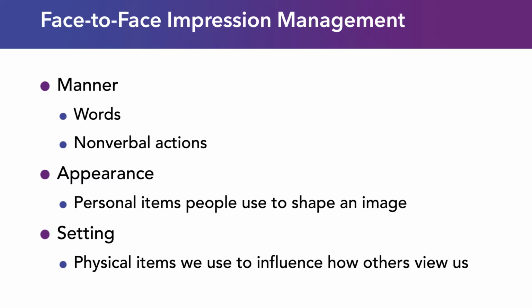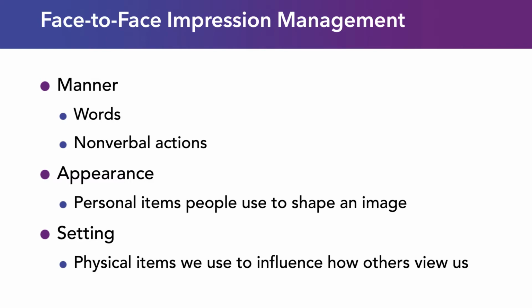When we say manner, it has to do with the words that we use, which we will talk about in chapter 6, and the nonverbal actions that we do, and how fast we talk is considered a nonverbal also. That's chapter 7. So think about situations that you have been in where you have very consciously chosen the words you use, and then the nonverbal, the way you've behaved.